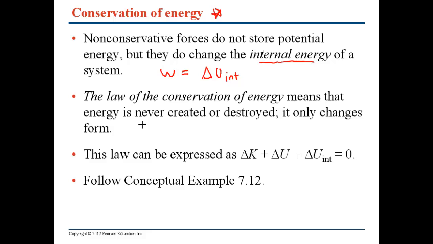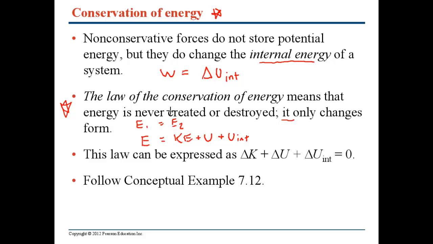Energy is actually always conserved. It cannot be created, it cannot be destroyed. It only changes form. Very important concept. So we can write the energy at one point is going to be equal to the energy at another point. However, we have to write these energies as the kinetic energies plus the potential energies, which is going to be gravity plus the elastic, plus the internal energy of the system.